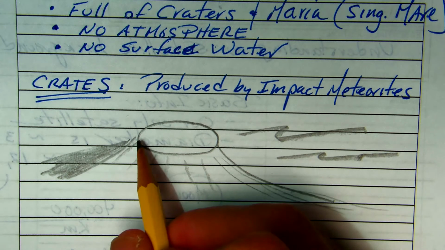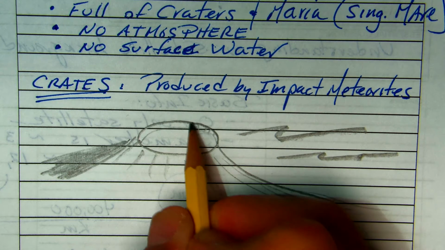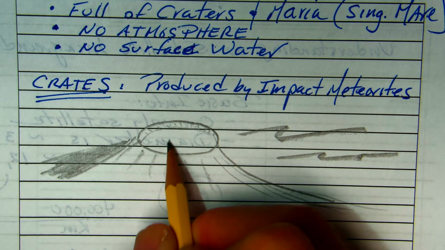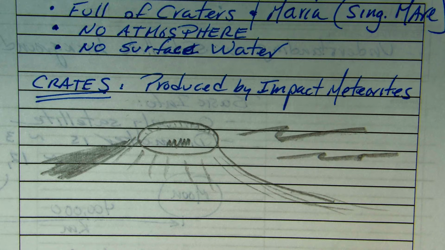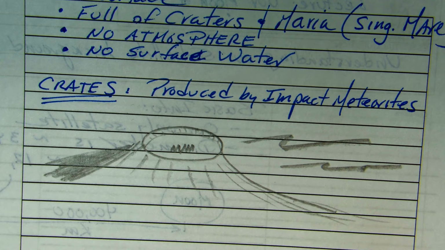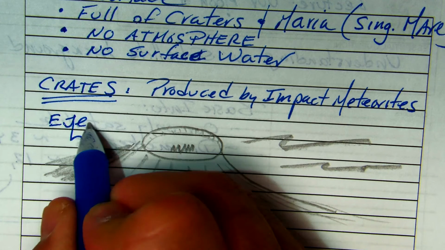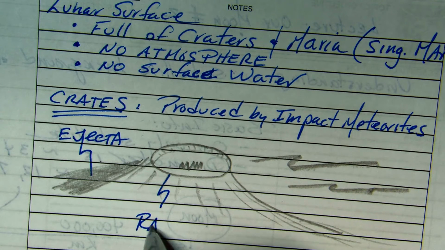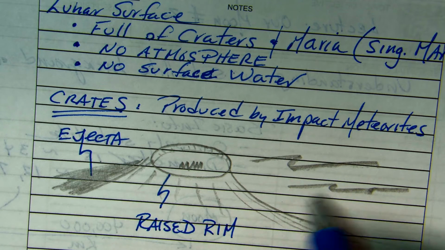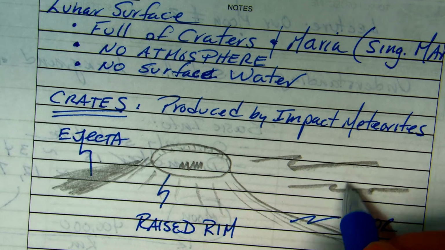In the middle, the crater itself, there is such a thing as a crater wall, and sometimes structures in the middle, like protruding mountains, rock formations and stuff. So let's label it. This is called ejecta. This is the raised rim. This is the floor. And these are called rays.